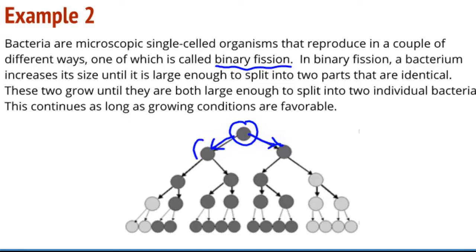And then the 2 grow and split again. So you can see we have this doubling going on. And so we're multiplying by 2 over and over and over again. And when we multiply by 2 over and over again, we have exponential growth. We have exponents involved. So our next example looks at the growth of bacteria.